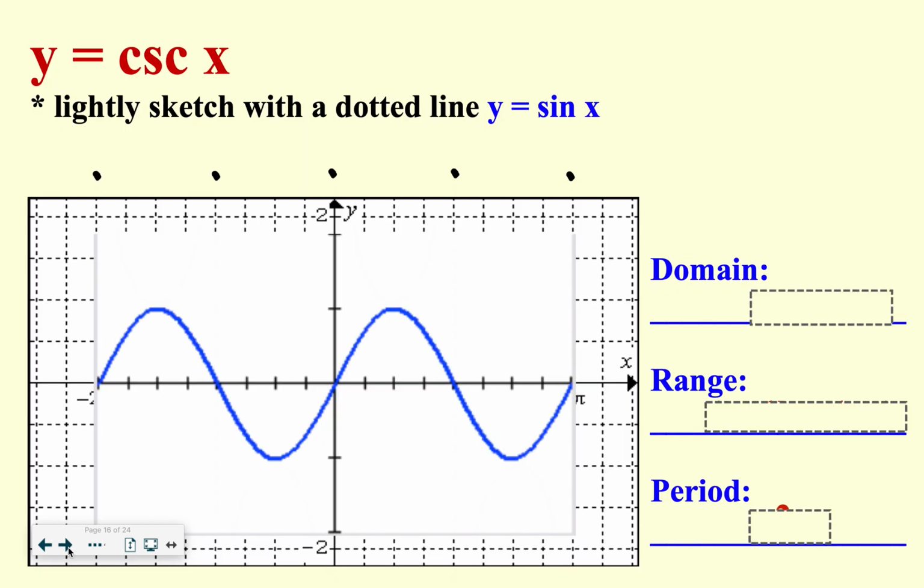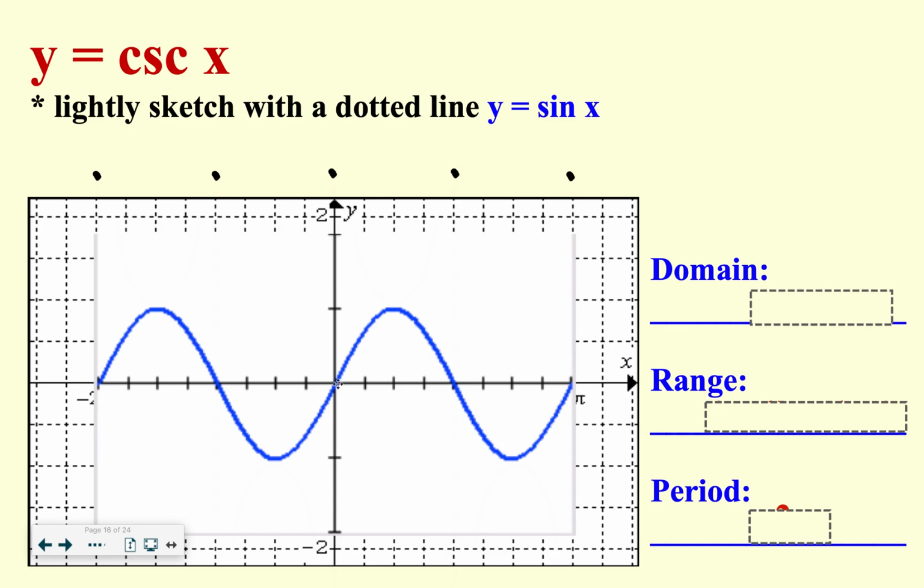So let's take a look at the graph. So here's what I recommend for cosecant. If you lightly sketch in the sine wave, and I will get rid of this momentarily. This is clearly the sine graph, not the cosecant. But because cosecant and sine are reciprocals, if you can sketch in the sine wave and then just reciprocal everything, you're going to have the cosecant.